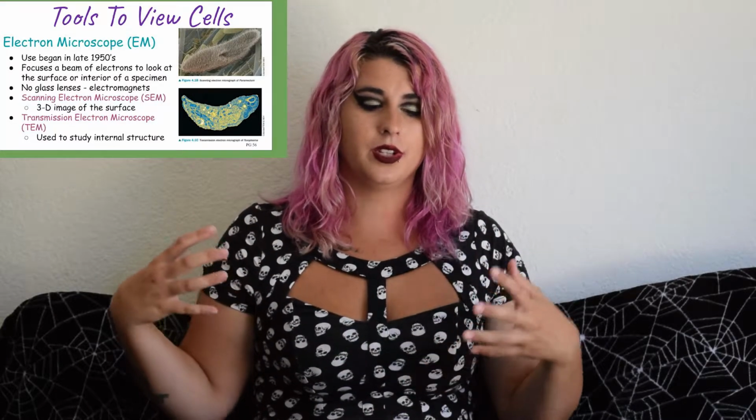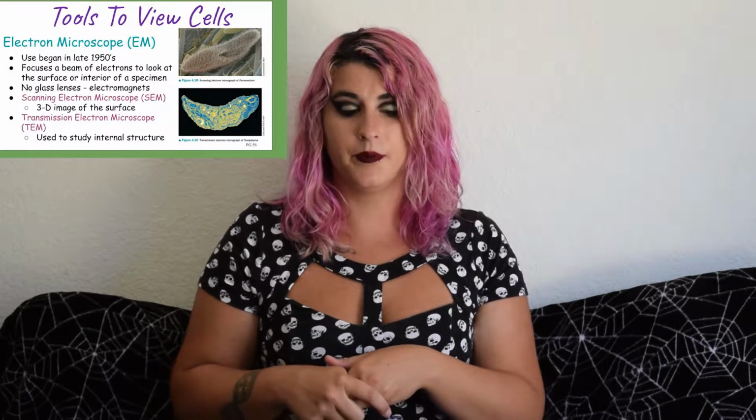What these do is focus a beam of electrons specifically to look at the surface or the interior of whatever specimen happens to be there. And instead of glass lenses, they use electromagnets so that those electron beams can be focused.